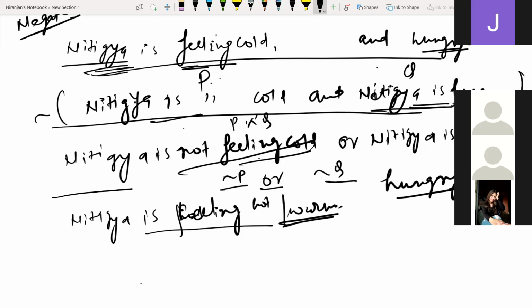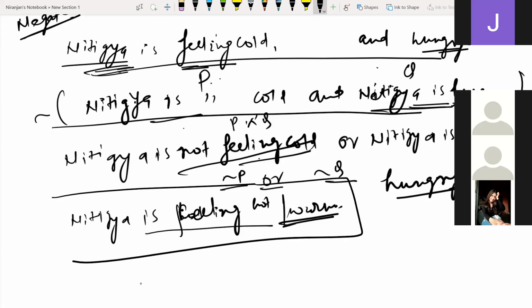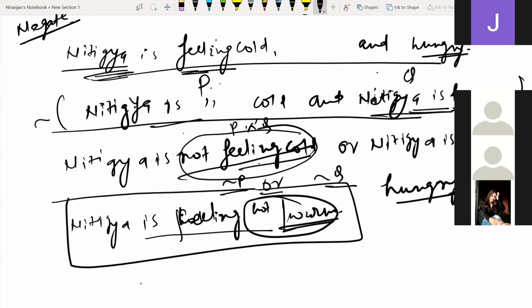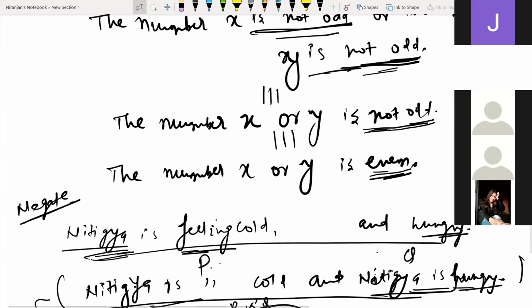So the reason why we can't do that is because you don't know the real feeling. You just know that he's not feeling cold when you're negating that. That's all you know. So this logical implication is not going to turn out into this part always, except in mathematics. Forget about it.